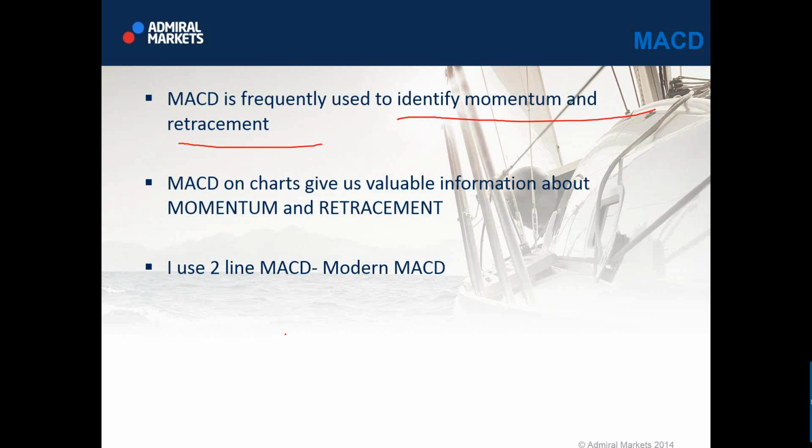Just by looking at MACD, you can identify at least on that time frame momentum and retracement. And use two-line MACD. It's called modern MACD, and I use it every day in the analysis. You can see it on the charts, okay?